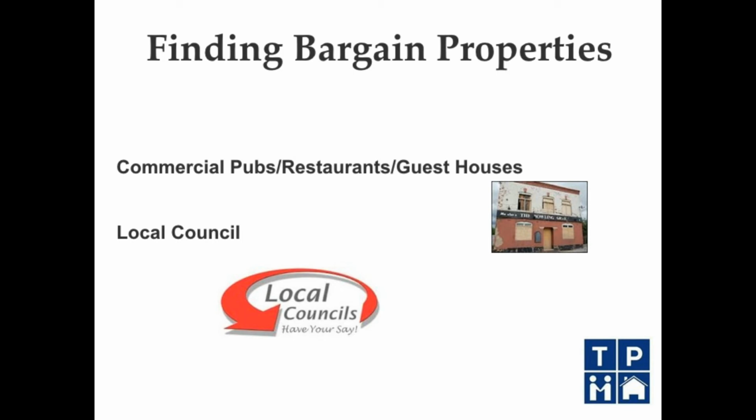They're not really working as restaurants. Some of the guest houses don't really work as guest houses anymore. Because things have changed in the way that we live our lives, the demand for some of these things isn't there so much anymore, and therefore there's an opportunity for you to potentially do something with these. So have a little look around you. Sometimes these things are on your doorstep.